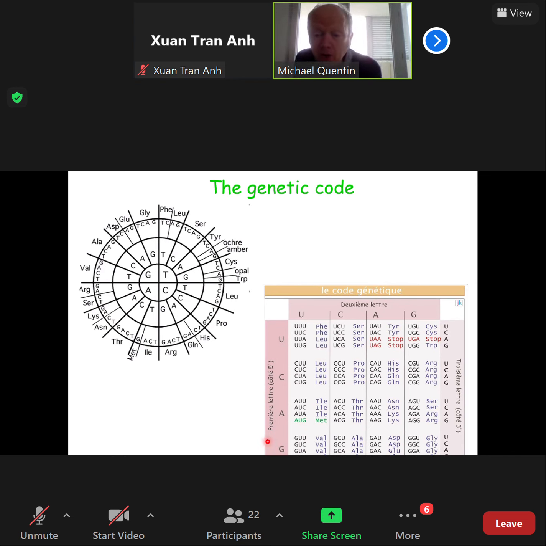Then you have codons that will allow initiation of the translation, for example this codon encoding methionine, and you have termination codons, stop codons, that will stop the translation. You have three different stop codons, here, here, and here. This will allow the translation of the messenger RNA into a protein.